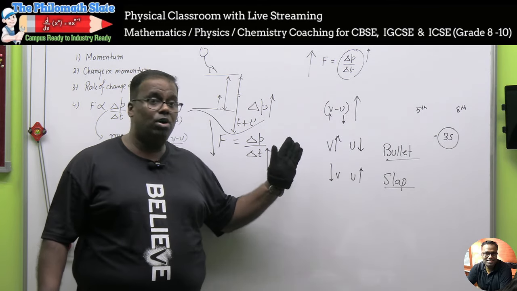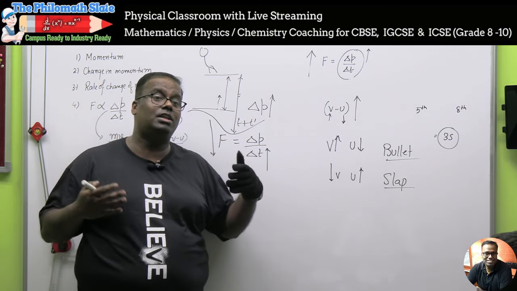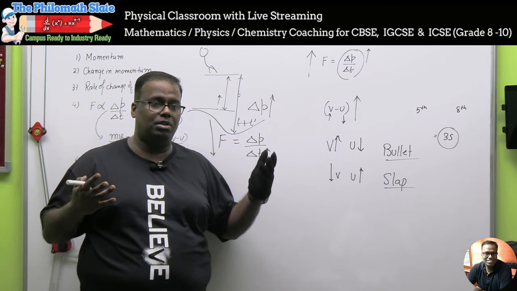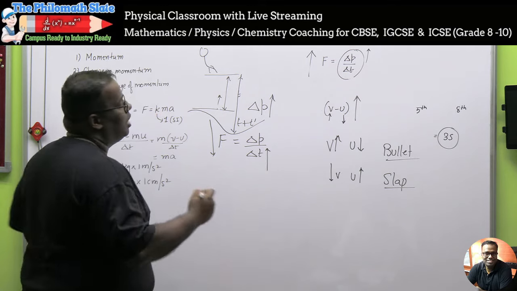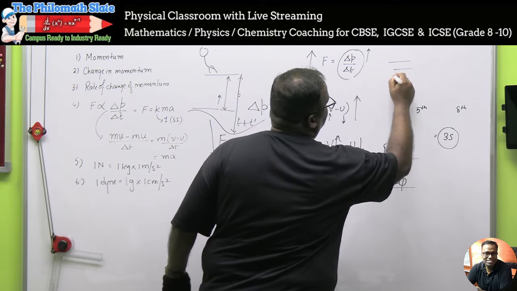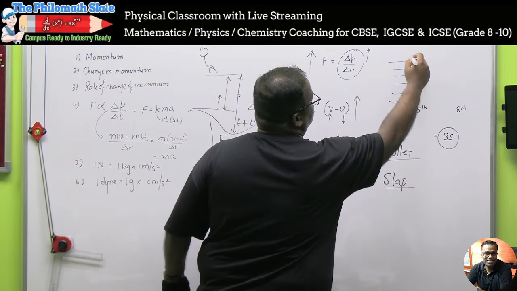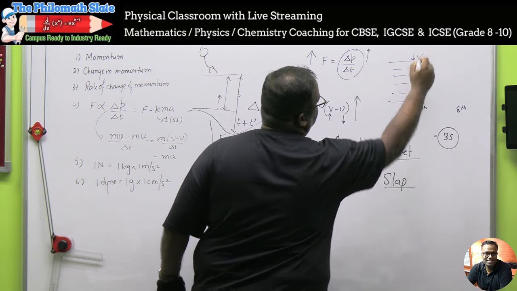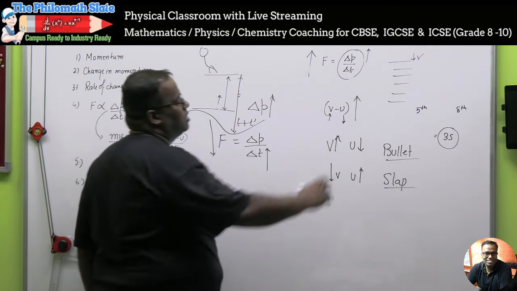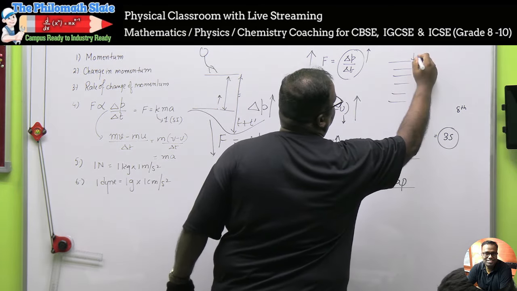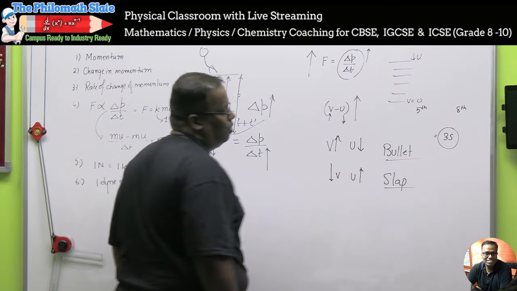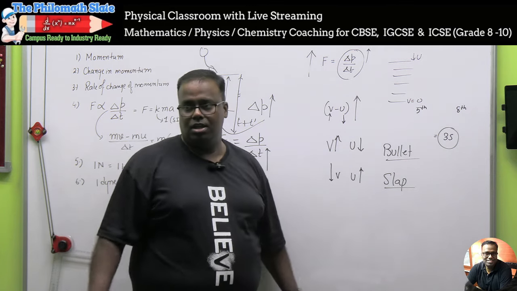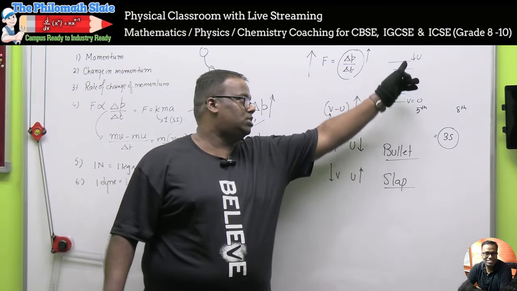And again, if you want that, the other day I mentioned the karate guy, the person who is into martial arts, who has to break so many tiles together, right? So when he strikes, there will be some initial velocity u. And by the time his hand comes here, there will be a final velocity which has to be 0, right?